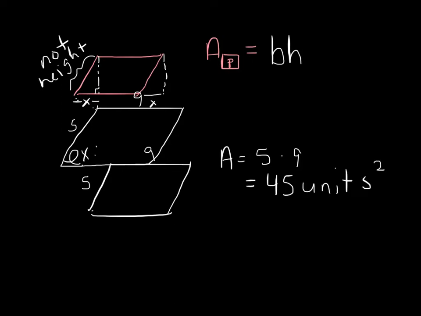The problem is that this 5 is not the height. So if we put the height in, remember height forms a right angle. It's an altitude. So if we put that in and we say that that is 3, we would find that using our Pythagorean theorem, 3 squared plus x squared equals 5 squared.